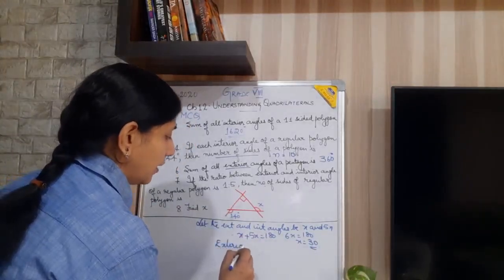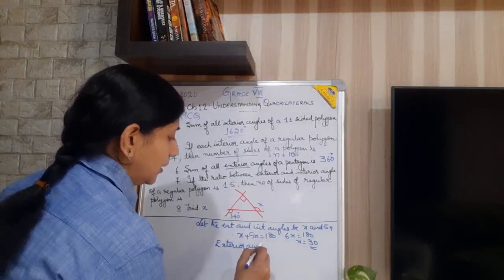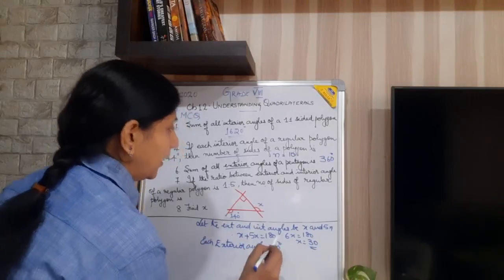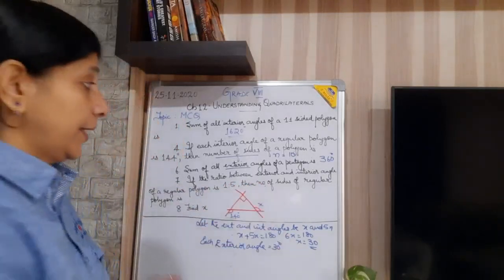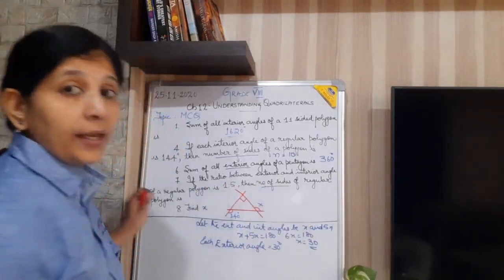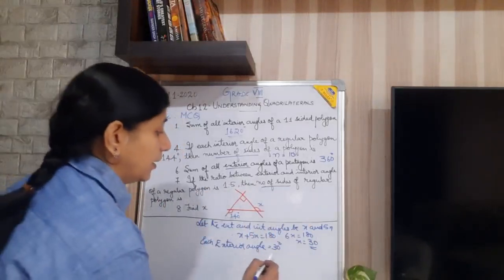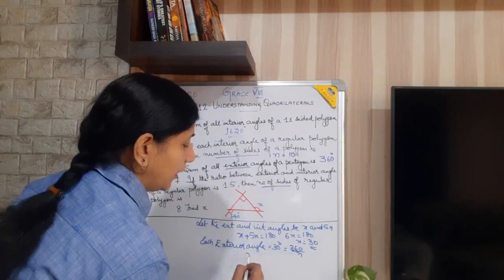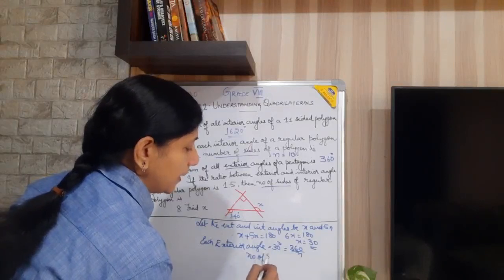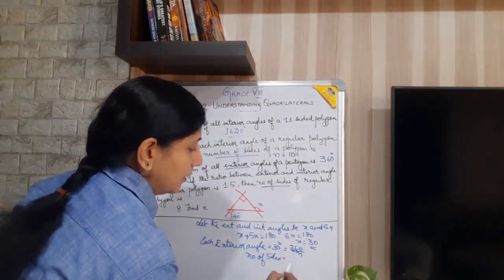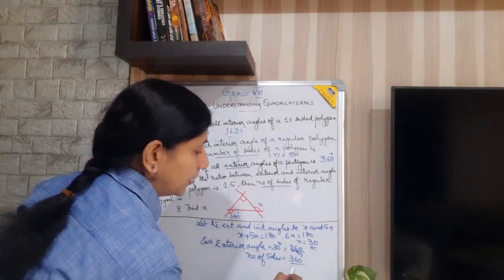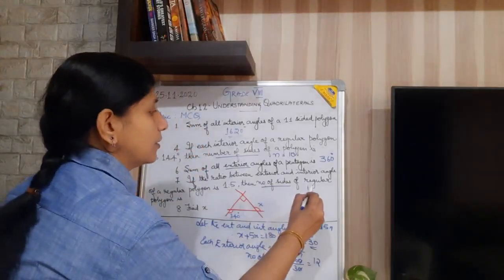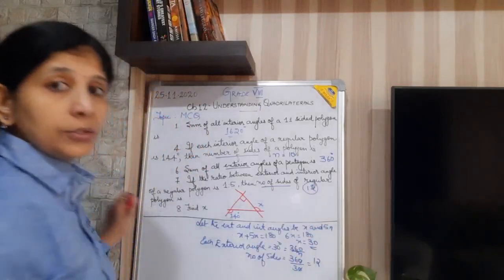So each exterior angle is 30. Now they have asked to find the number of sides. Each exterior angle is 360 upon n. So how will you find the number of sides? Number of sides equals 360 upon 30. So it is 12 sides.